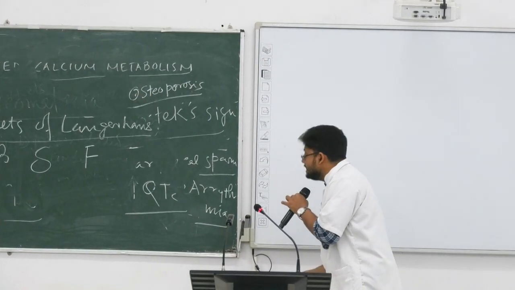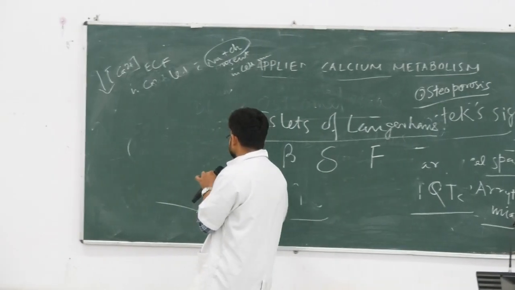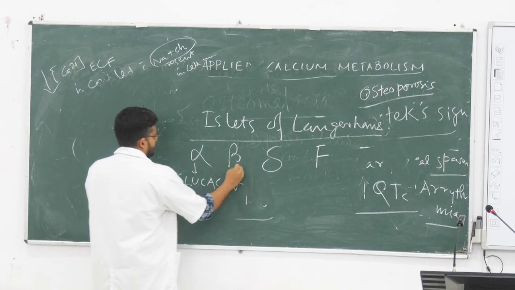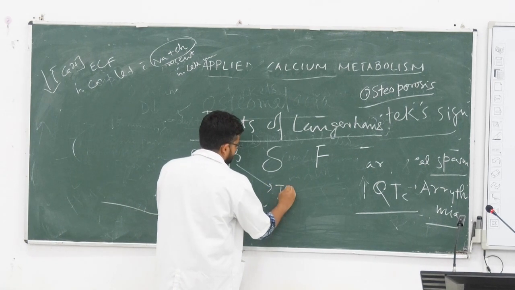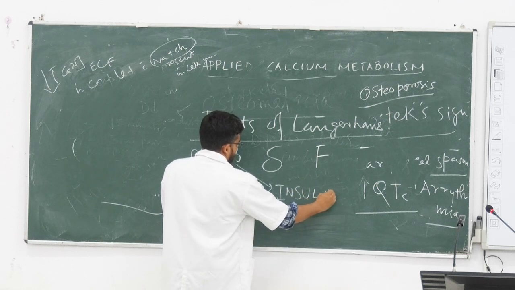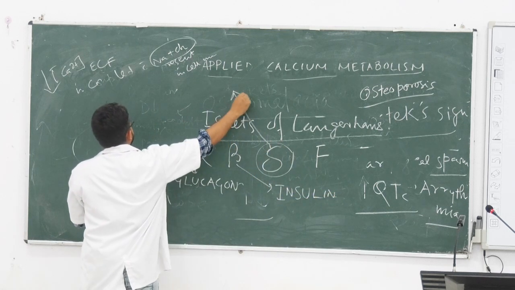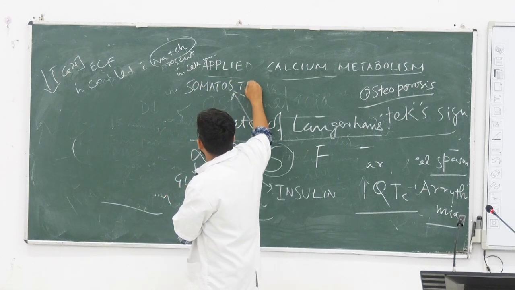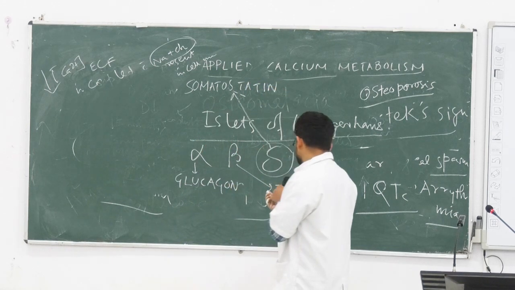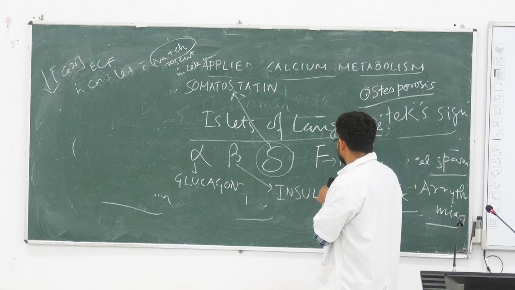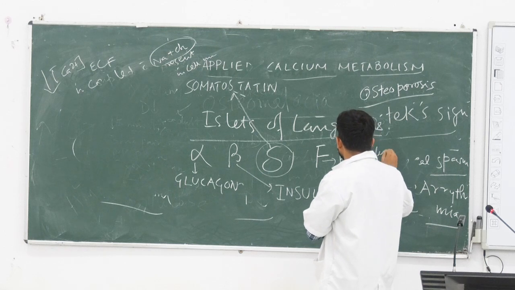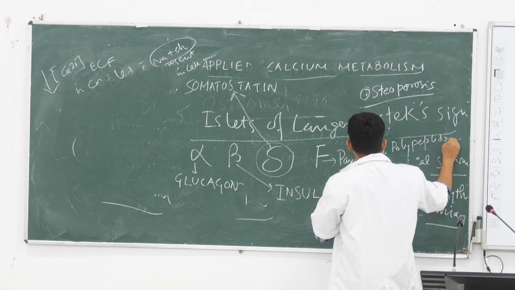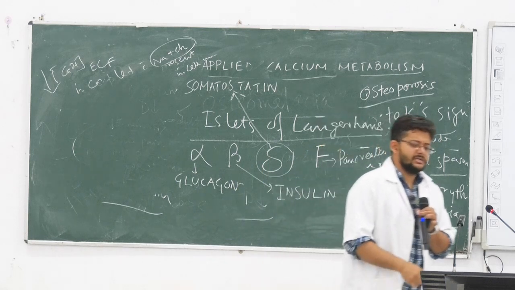Each cell has a different function: alpha cells, and beta cells which secrete insulin. This is very important for MCQ. Delta cells secrete somatostatin. Not that important for you is the pancreatic polypeptide cell. These 4 are very important candidates for MCQ.